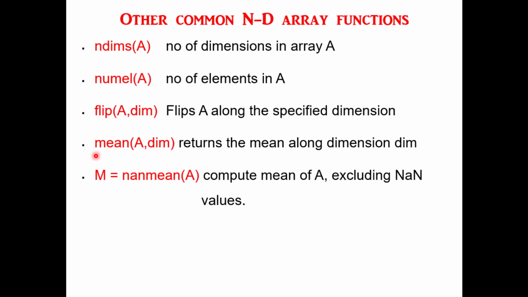The mean function returns the mean of an array along a specified dimension. Now, it's possible to have missing values that have been represented by NaN, N-A-N. So to compute the mean or other statistics, you will want to add the word nan before the function name. So nanmean will compute the mean of A, excluding missing values that have been represented by NaN.